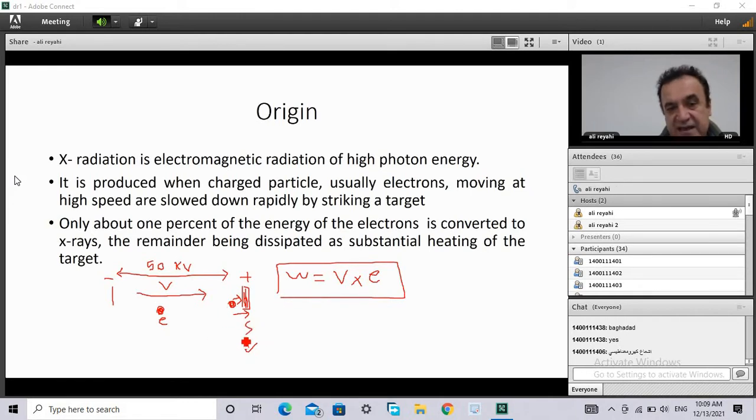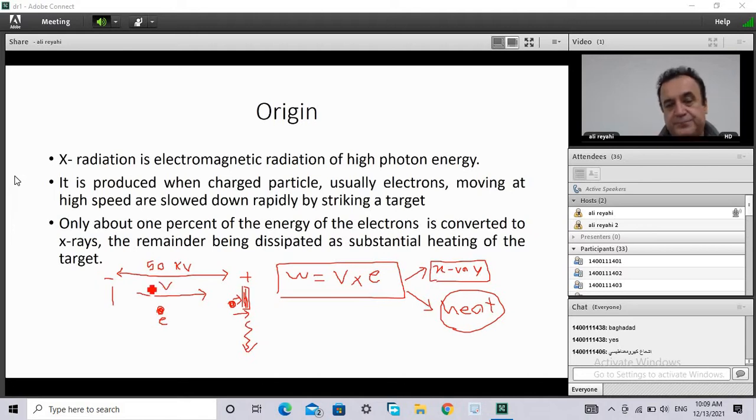And we say that a small part of this energy will be converted to X-ray, and most of its energy will be converted to heat. And of course it is not good. We want this part of the energy.